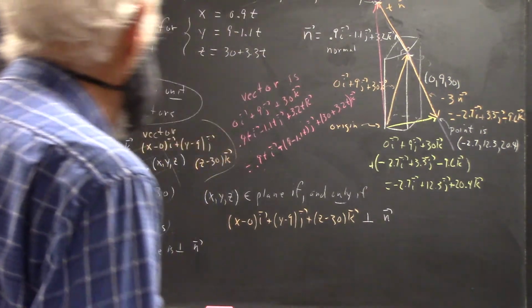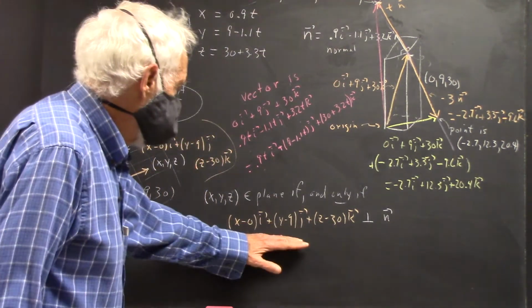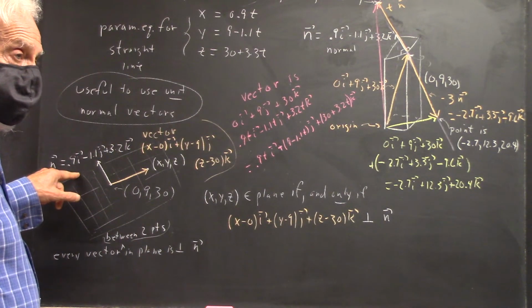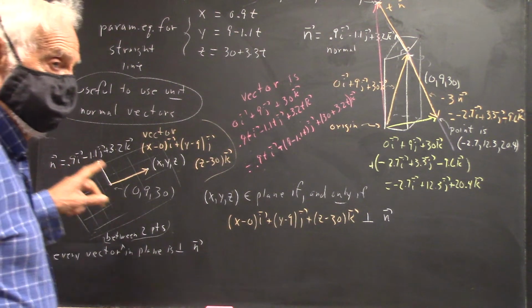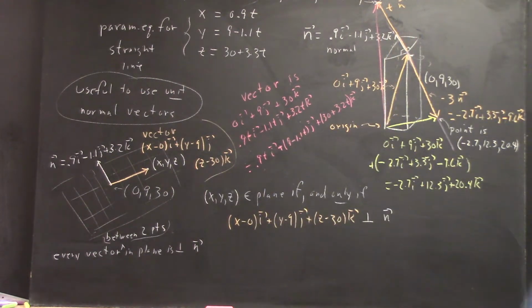Okay, well, how do you write the statement that this vector is perpendicular to this vector? Would it be the cross product? The cross product is the perpendicular, so the x minus 0, that would be the cross product.